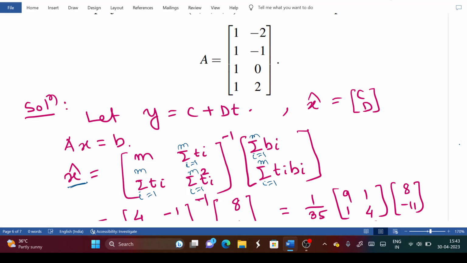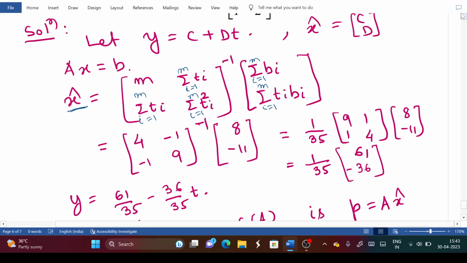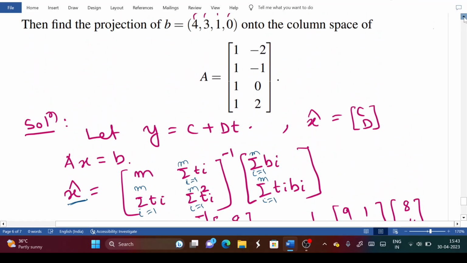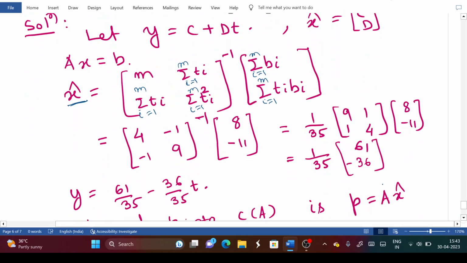Now adding this column gives M is equal to 4. And for minus 2, minus 1, 0, plus 2, they cancel and minus 1 remains. So sum over Ti is equal to minus 1. Similarly, sum over Ti square is 4 plus 1 plus 0 plus 4, that is 9.